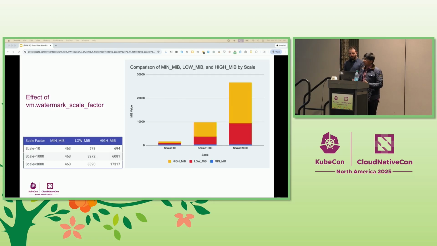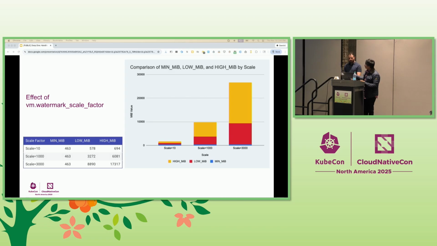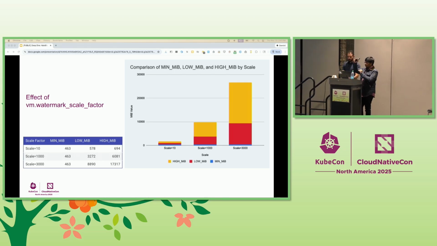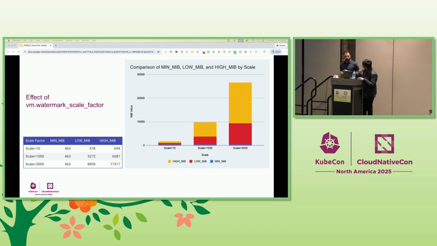Okay, the other parameter I want to talk about is watermark_scale_factor. This changes the low and high watermarks alone, whereas the previous one we talked about lifted everything because it lifts the min watermark level. This time we keep 500 MB as min_free_kbytes, but I have set the scale factor to 1000 and 2000.